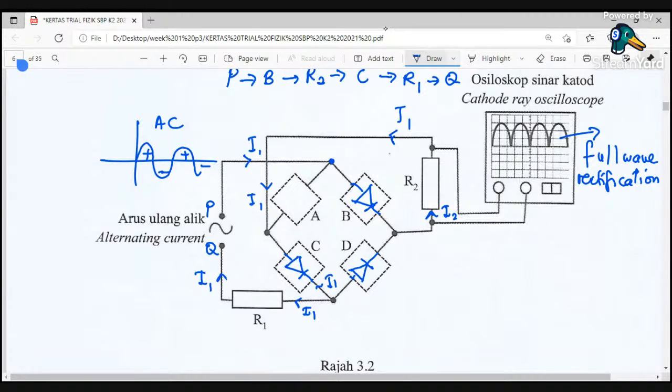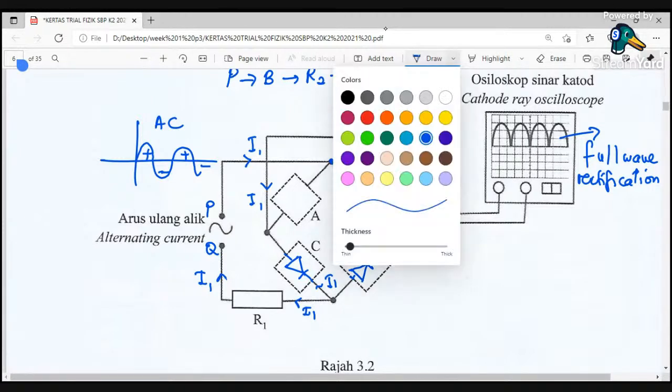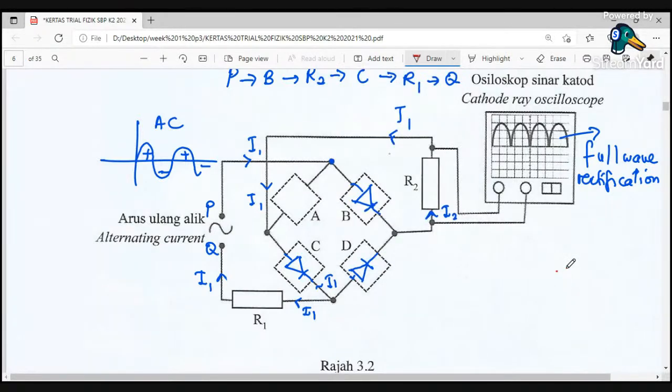Let's say we try another way of marking the direction. Let's say current flows from Q. Because alternating current, there's no fixed terminal. The terminal keeps reversing every half cycle.